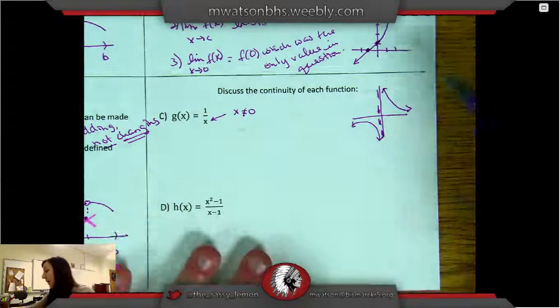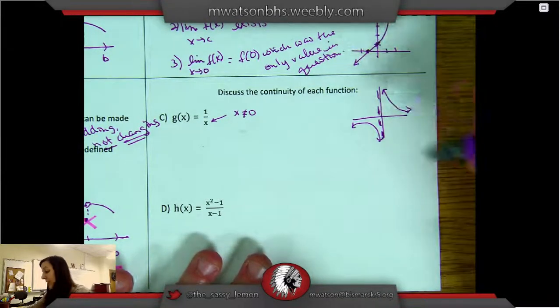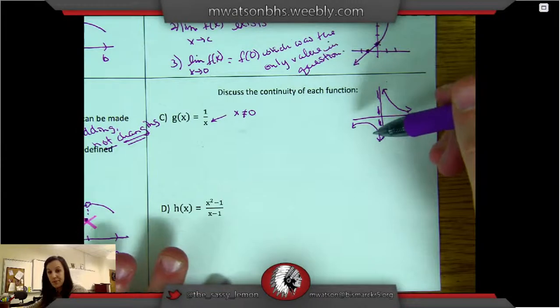So is there any way that we can redefine this so that f of c exists? Because right now it doesn't.